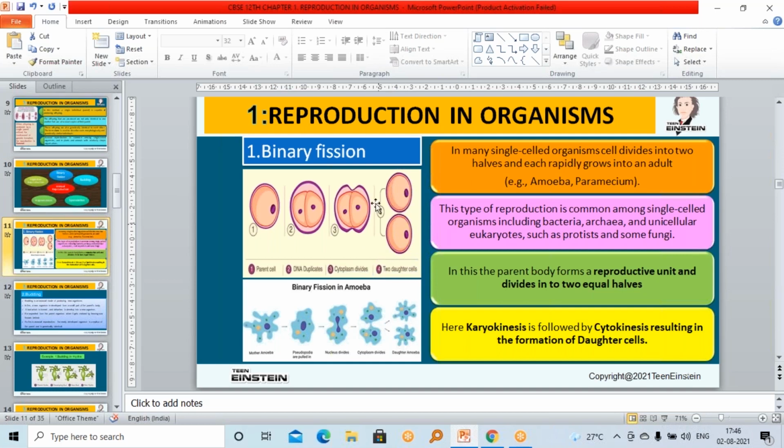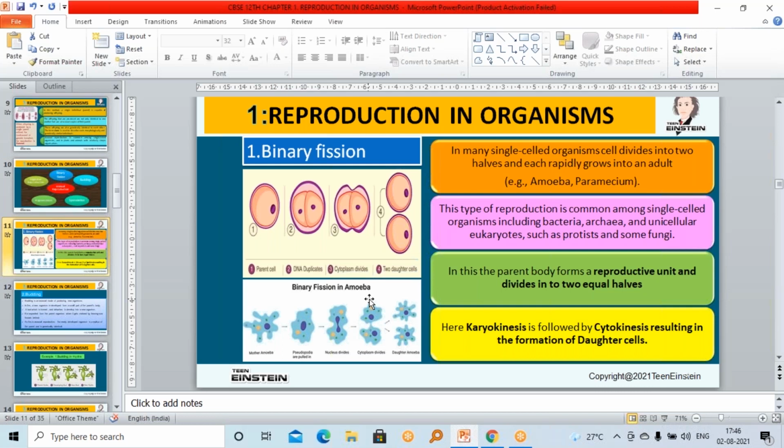The parental body is becoming two equal halves, and each half forms an independent daughter organism. That means the whole parent body works as a reproductive unit, then it is getting divided, and it continues life as two daughter individuals.